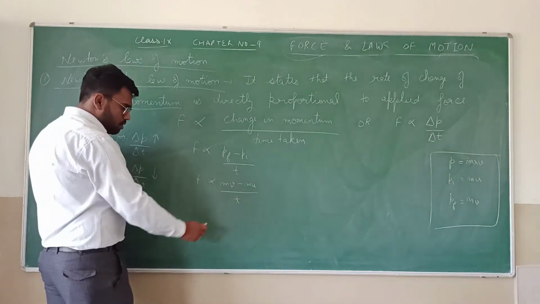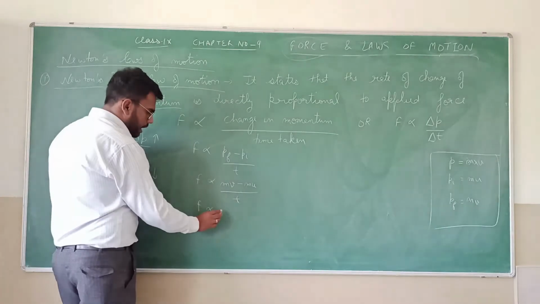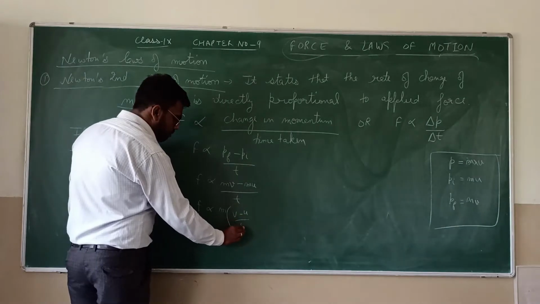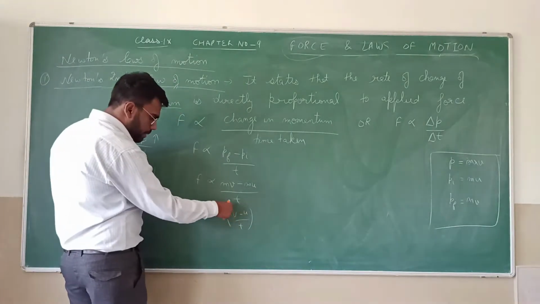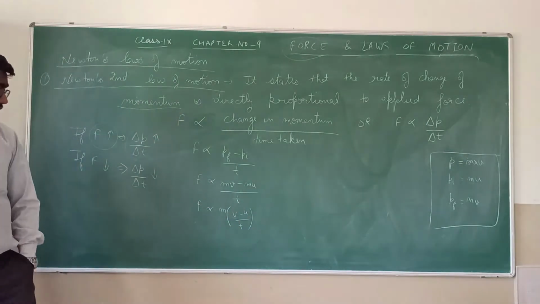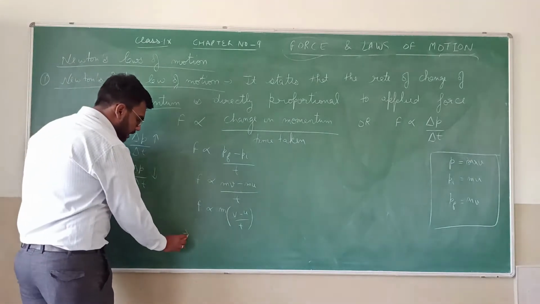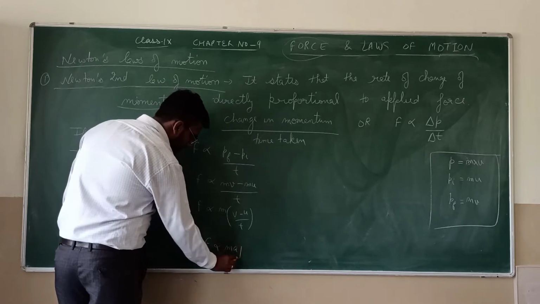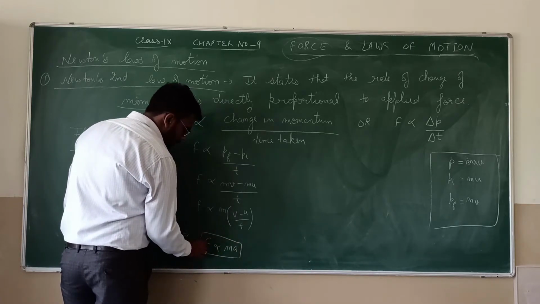Can I take m as common? Yes, F is proportional to m into (v minus u) by t. You know this formula, v minus u by t? It is the formula for acceleration. So I can say F is directly proportional to ma. This is the result of the second law of motion.